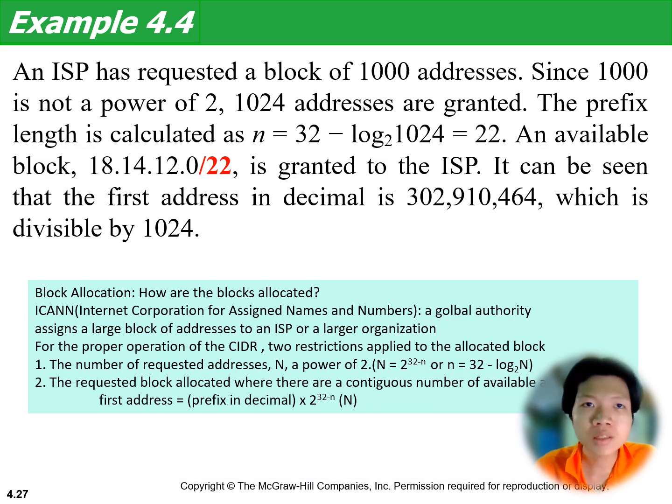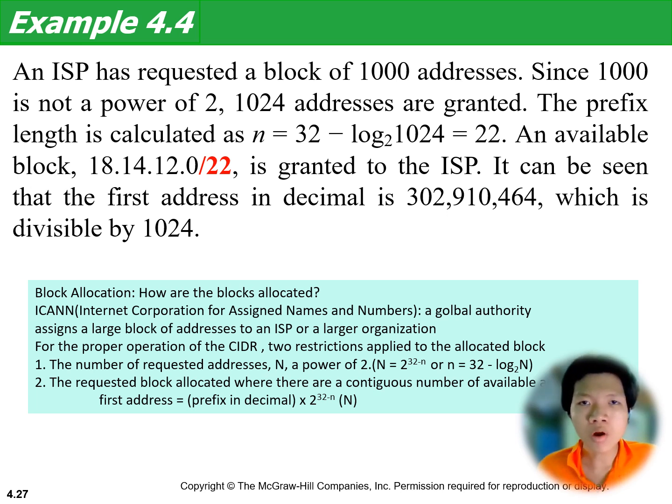An ISP has requested a block of 1000 addresses. Since 1000 is not a power of 2, 1024 addresses are granted. The prefix length is calculated as n equals 32 minus log base 2 of 1024, which equals 22.